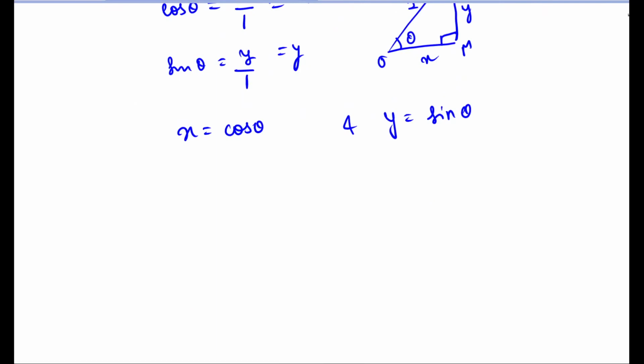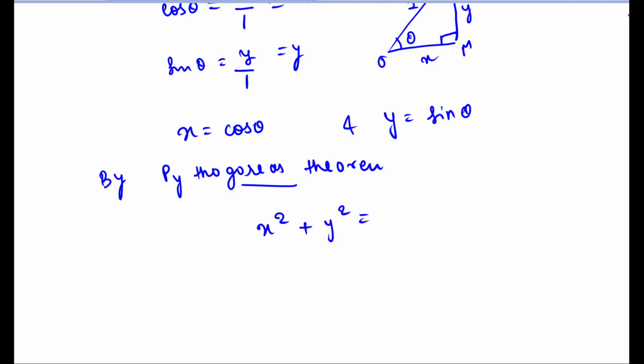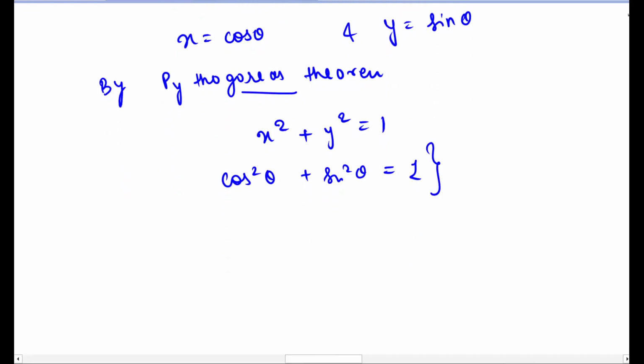And by Pythagoras theorem, we have x square plus y square equal to 1. So cos square theta plus sine square theta is equal to 1, which is a trigonometric identity we have already mentioned earlier. So by taking any point on a circle, we can get trigonometric function for any angle.